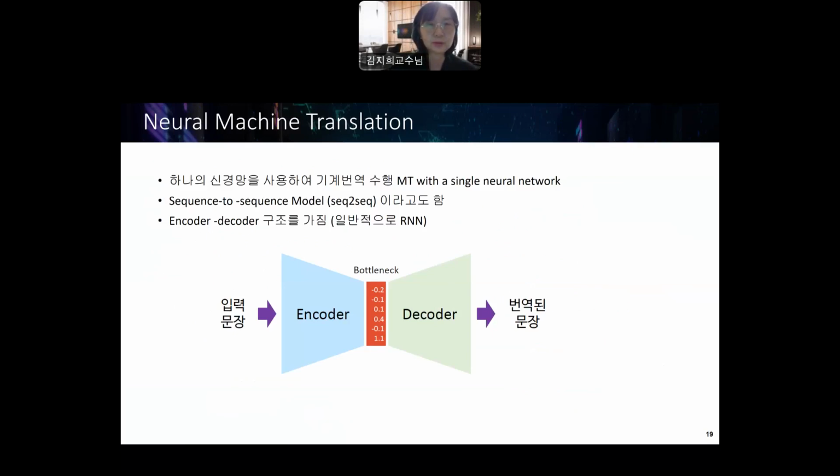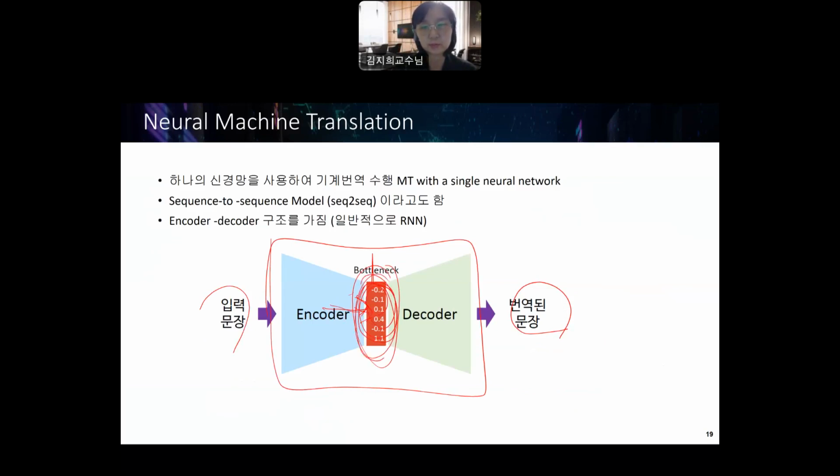This new one is called the sequence-to-sequence model, or the encoder-decoder model. There's an input sentence, and we create an output sentence in one system, one-to-one. And there will be a middle, the bottleneck. The information all goes to this particular point, and given this, it will generate the output.